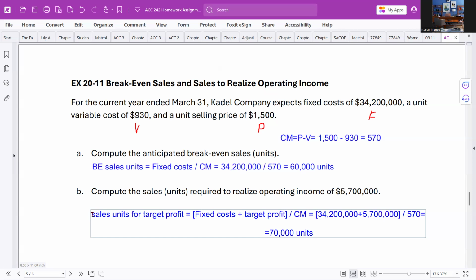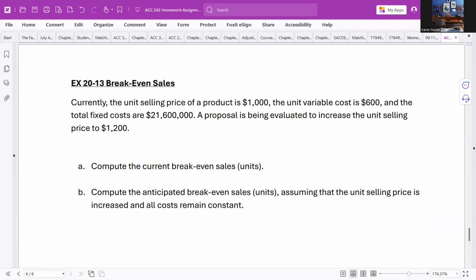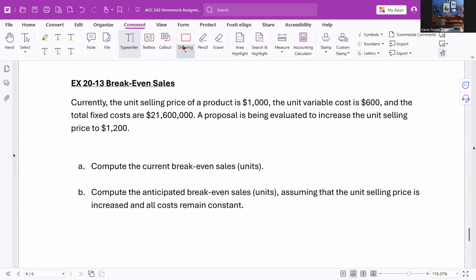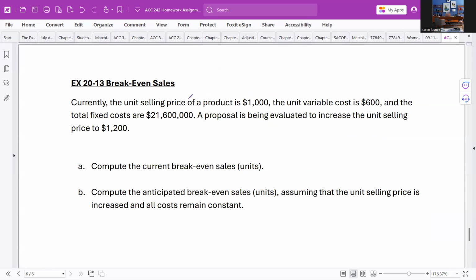Now we've got a couple more left. So actually we've got one left, exercise 20-13. So let's finish that one off. It's another break-even one, and then with a what-if scenario in part B. In part A we have a selling price, or a P, of $1,000, a variable cost of $600, and some fixed costs that total $21,600,000.